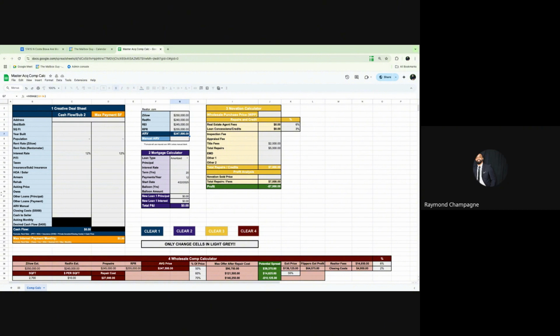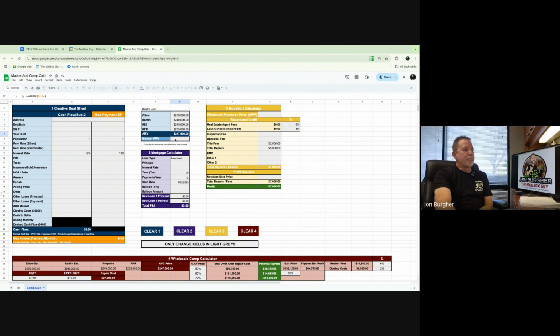Now you'll see right here, you have a manual area for ARV. That's when you do your deep dive and you actually take your manual comps in the area. If it's a 1990s build, you need to be looking at 1990 builds that have not been rehabbed yet. That's where you come in with your manual comp.